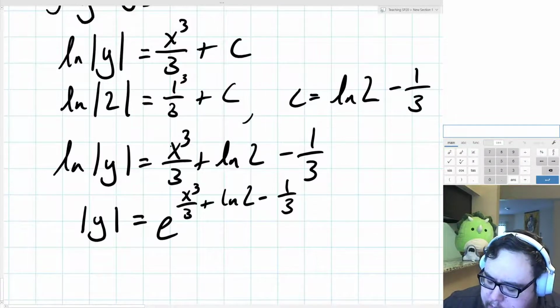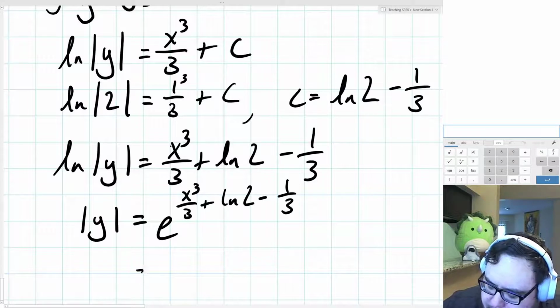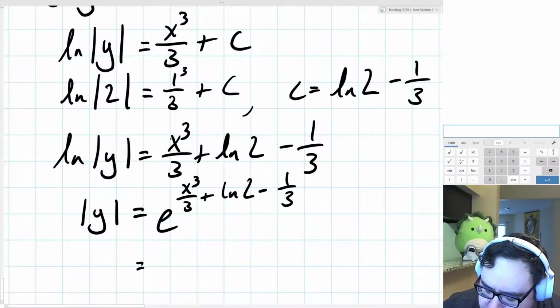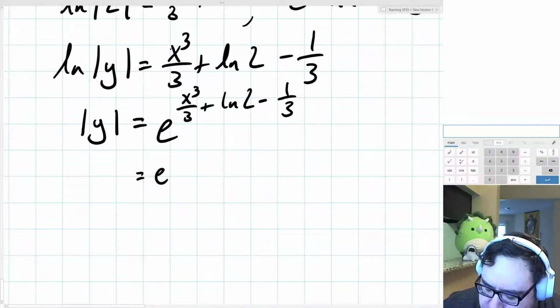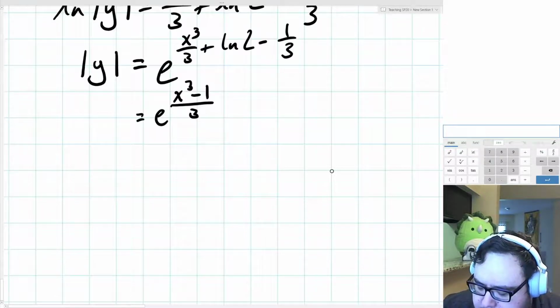Note that we can simplify this out a bit. In particular, I want to rewrite this right-hand side as e to the x cubed over 3 minus 1/3 times e to the ln of 2.